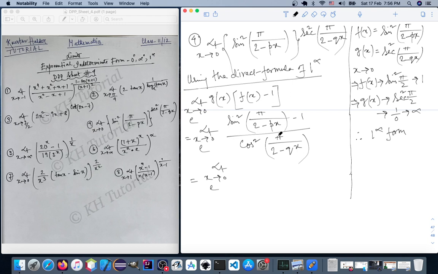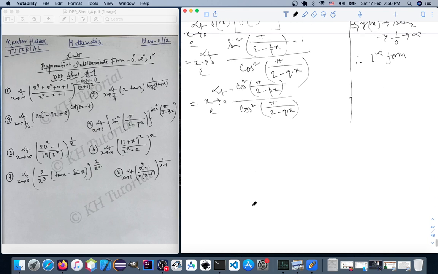We can write as minus of 1 minus sine square of pi by 2 minus px, and using the formula sine square plus cos square x equals 1, that is 1 minus sine square x equals cos square x, we get minus cos square of pi by 2 minus px divided by cos square of pi by 2 minus qx.